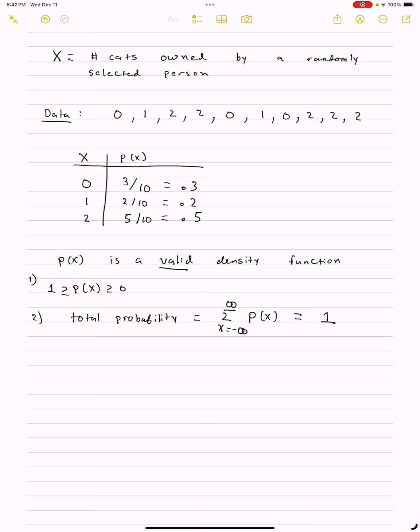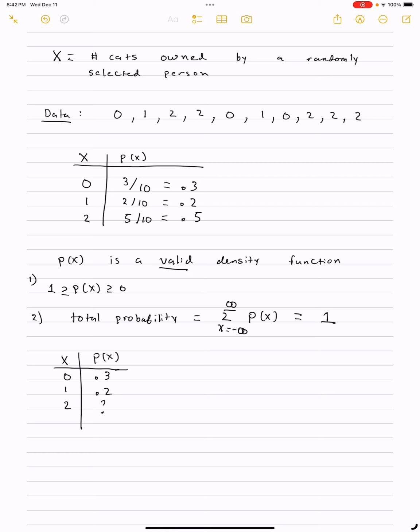So it's common to see a question like this that says, here's x, here's p of x, but we forgot what one of the probabilities is.